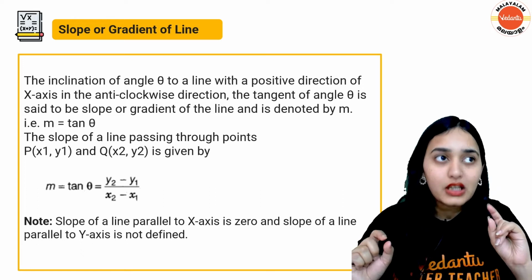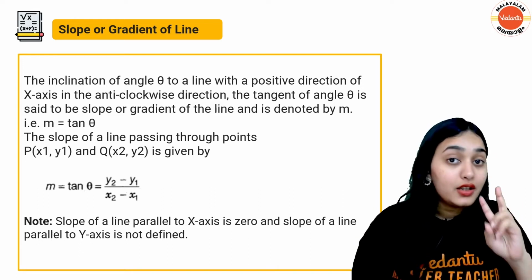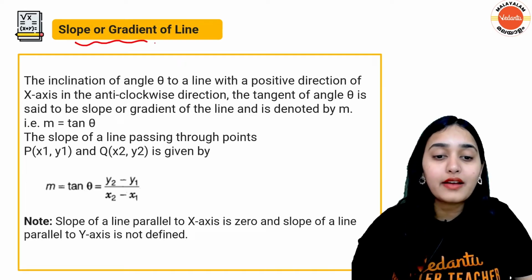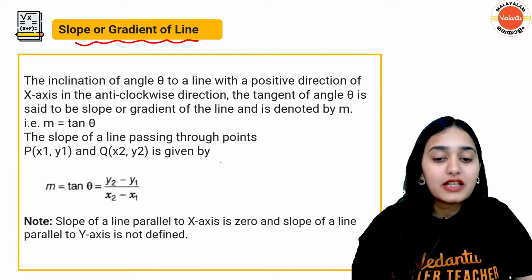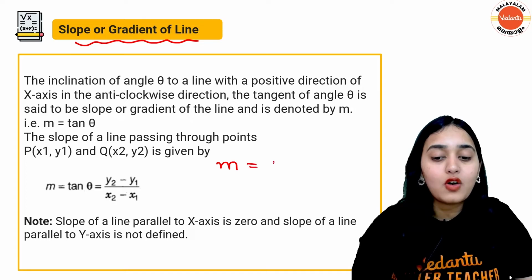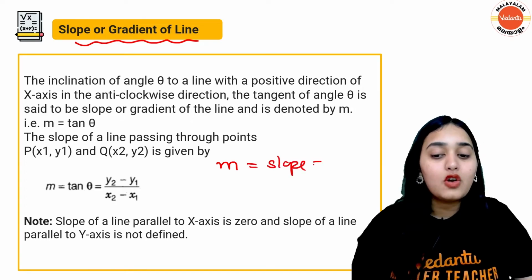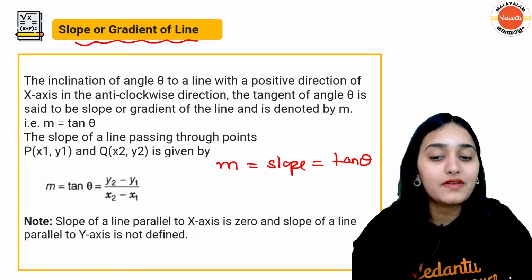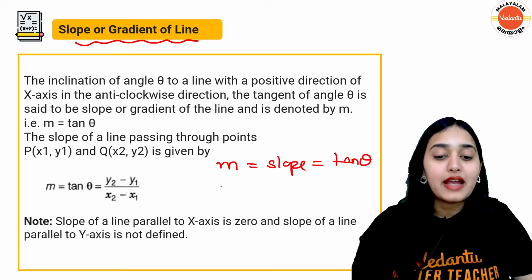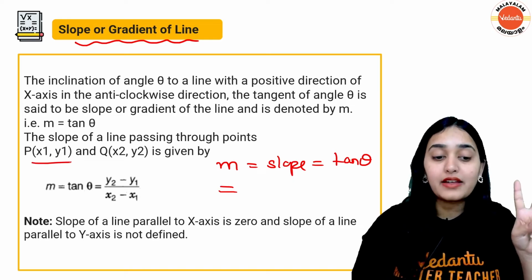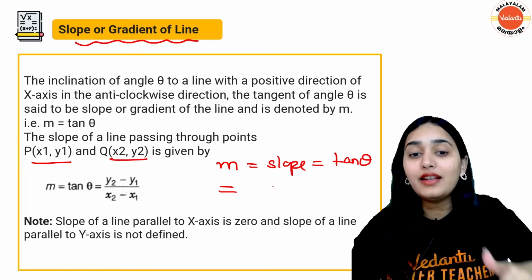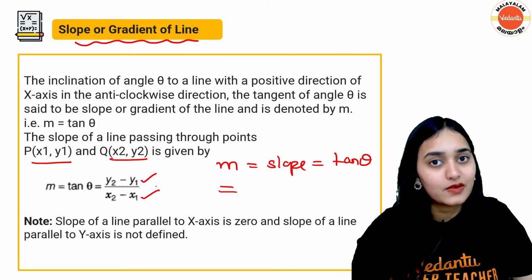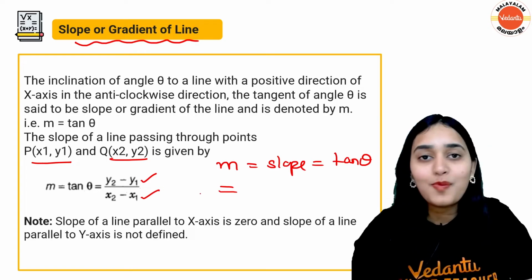Now suppose that you have two given points, so you can find out the slope or gradient of the line. Now what is the formula for slope? m is called the slope. Slope is basically the tan of the angle made with the positive direction of the x-axis, and it is equal to, if two points x1, y1, x2, y2 are on the line, then (y2 minus y1) upon (x2 minus x1) will give you the slope of the line.